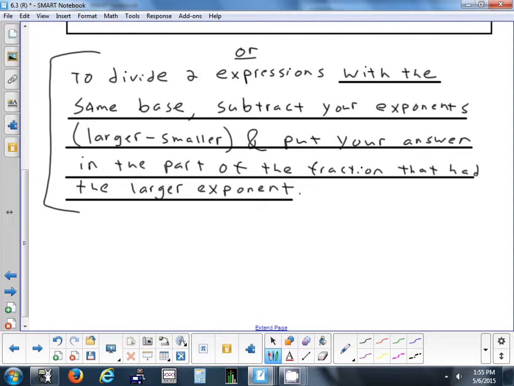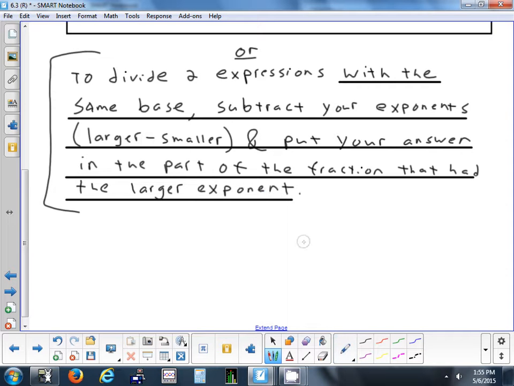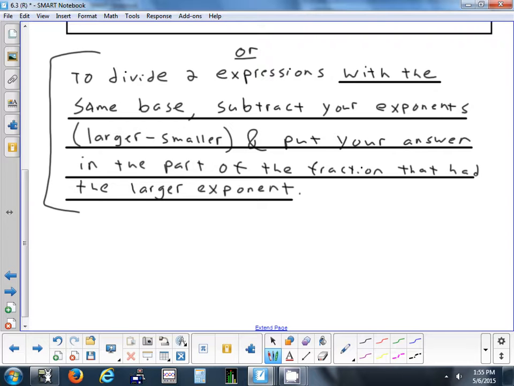So with the same base, subtract your exponents, larger minus smaller, and put your answer in the part of the fraction that had the larger exponent. Everything that's underlined is what you're writing.